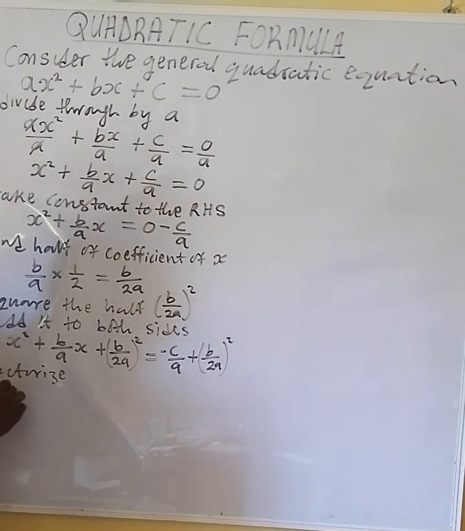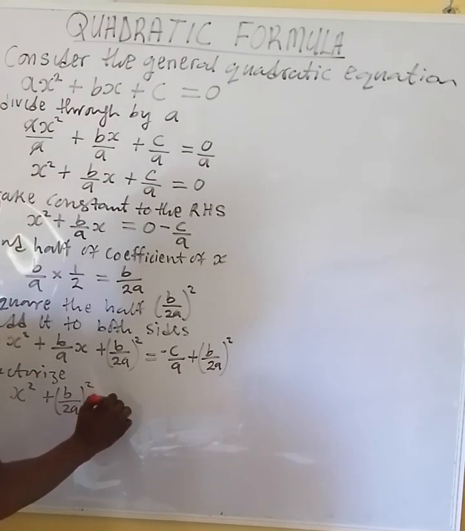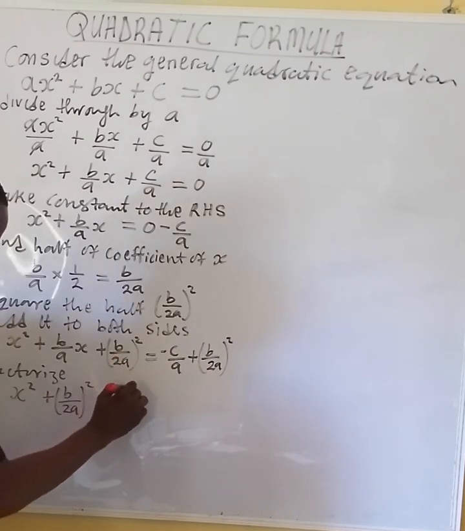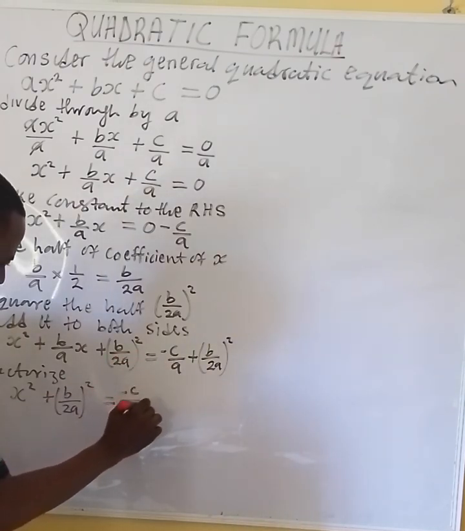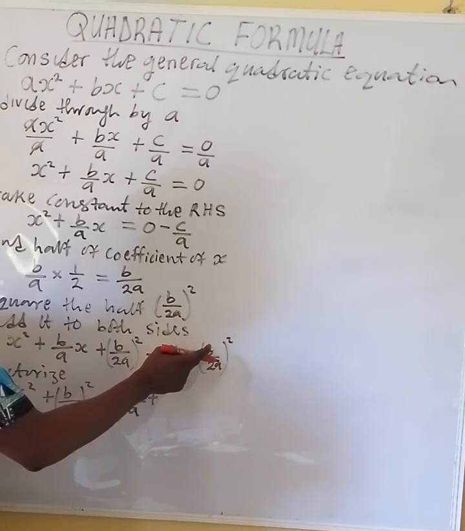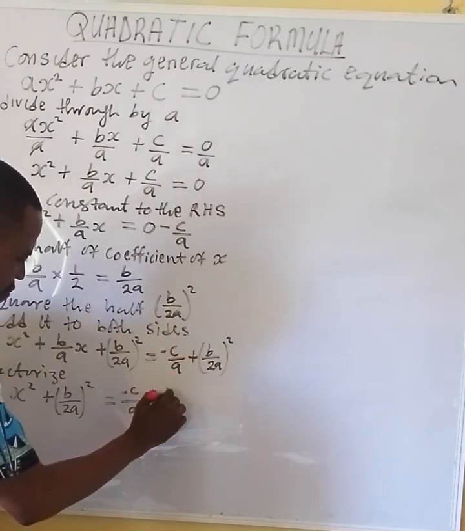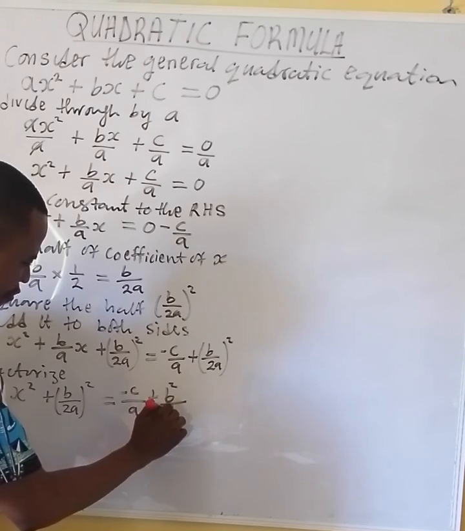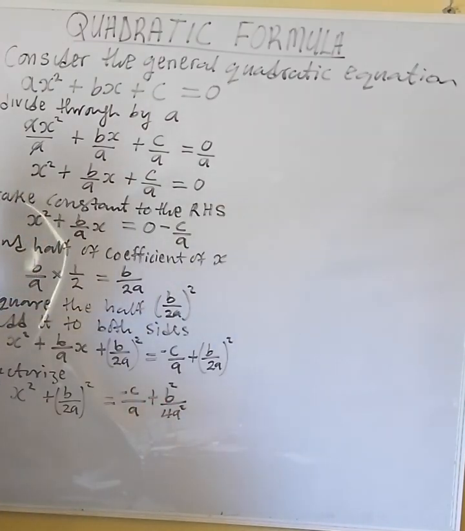It will now give us x plus b over 2a, all squared. So we have taken away that one. Equals, now we have minus c over a plus, now b squared means b times b, over 2a squared, which means 4a squared.